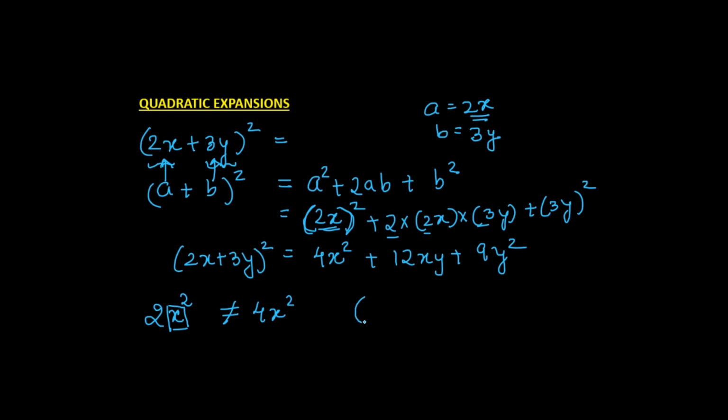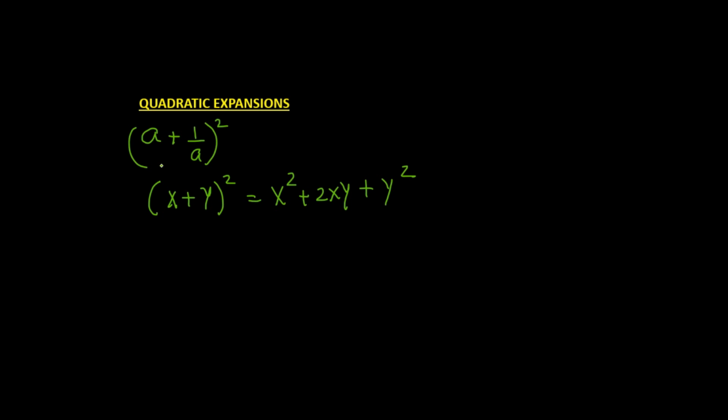So if you have to square 2x completely, please write 2x in bracket and raise it to a power of 2. Then according to the law of exponents, it becomes 2 square into x square, which will give you 4x square. So there is a difference between 2x raised to the power 2 and (2x) whole raised to the power 2. There is a difference between both of them. I hope this much is clear.